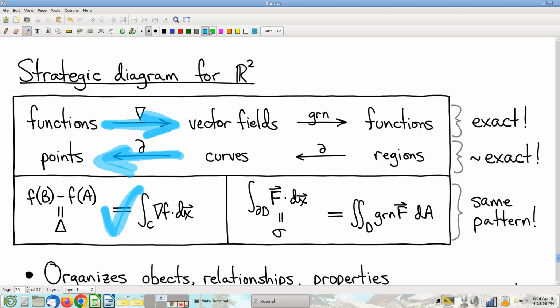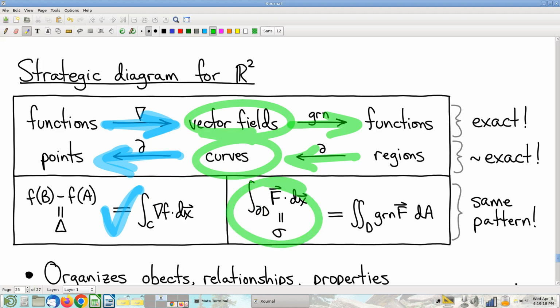Now let's do the same thing for Green's theorem. In Green's theorem, we have Green's operator on the right and a boundary curve on the left. The left side is a line integral of the original vector field over that boundary curve.